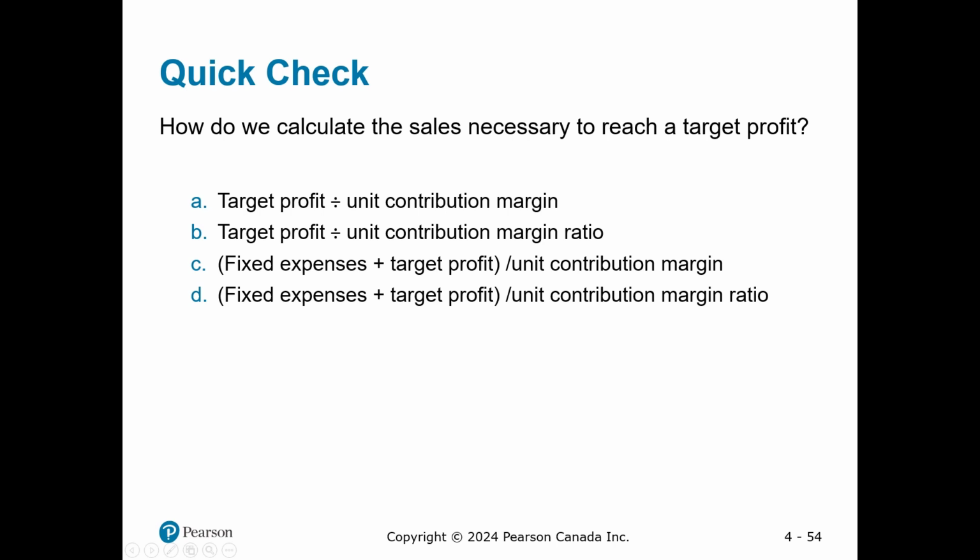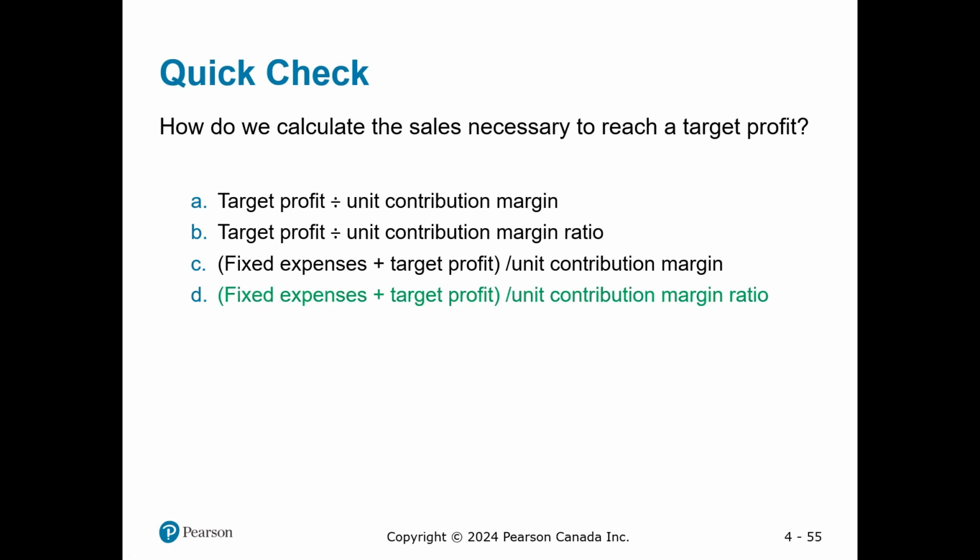How do we calculate the sales necessary to reach a target profit? A, target profit divided by unit contribution margin. B, target profit divided by unit contribution margin ratio. C, bracket, fixed expenses plus target profit, bracket, divided by unit contribution margin. D, bracket, fixed expenses plus target profit, bracket, divided by unit contribution margin ratio.